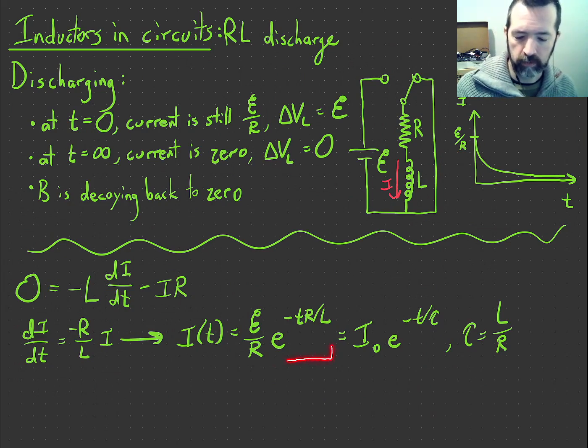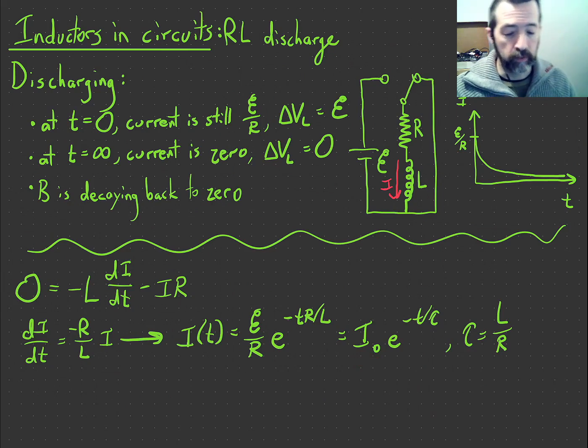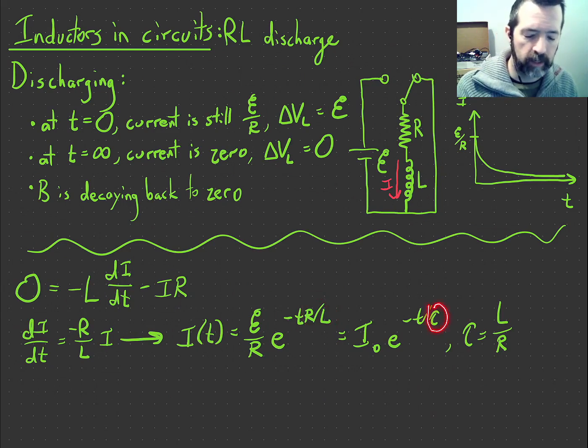So the current as a function of time is this decaying exponential. The initial or maximum value for t equals 0 is E over R. You can also just think of that as I naught, whatever the initial current is. And just like with an RC circuit, you can take these pieces that are up in the exponent along with the t, and you can turn them into a time constant tau.